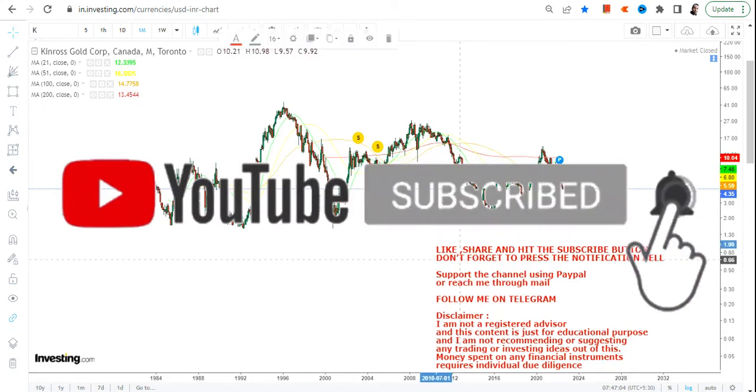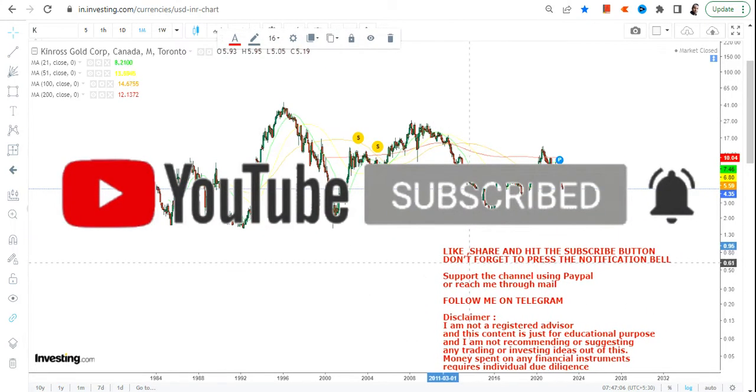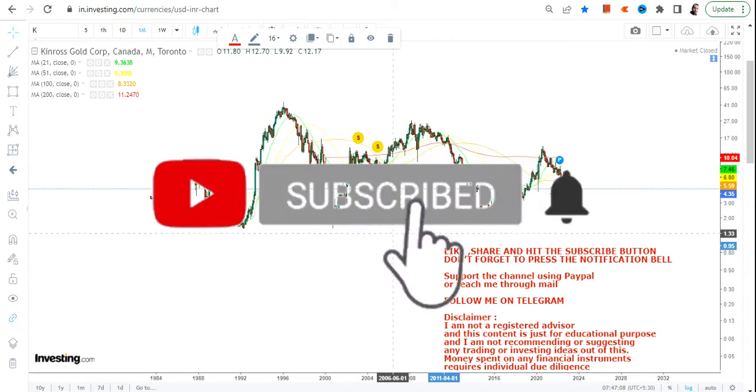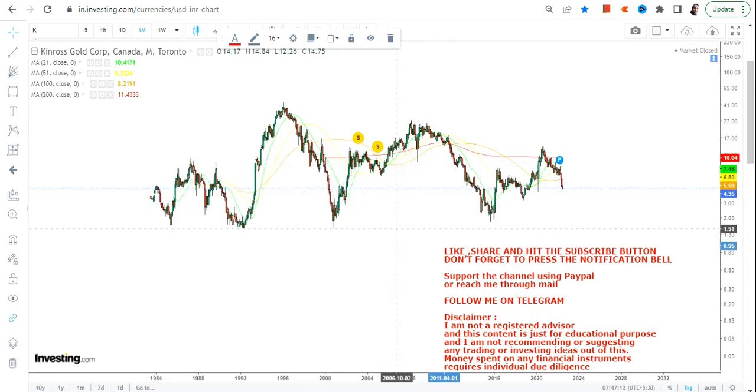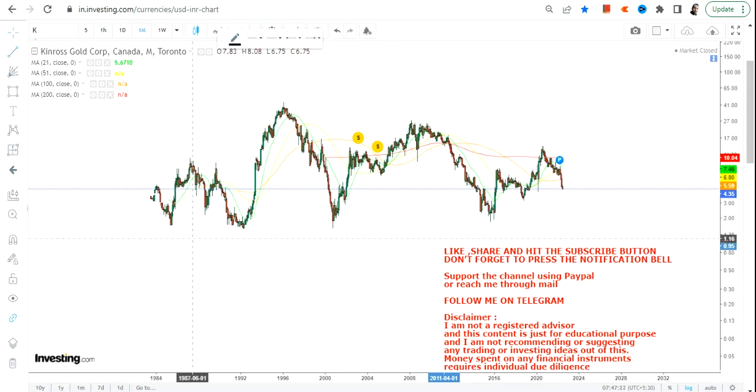Now if you are looking at this stock, you need to make sure that you have a long-term game plan. That's the most important thing you need to understand here. The reason I am saying that is because of the kind of policies we have right now, and more specifically you will see the central banks are more focused on suppressing inflation, and inflation is their prime objective.